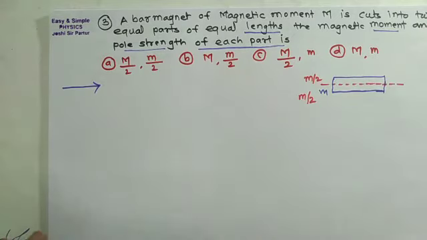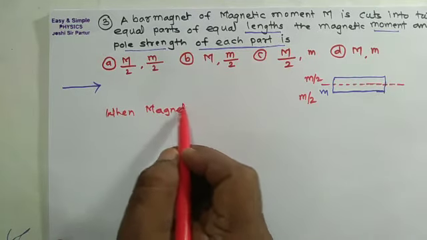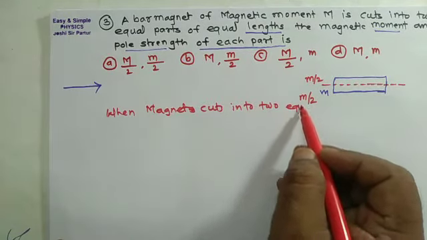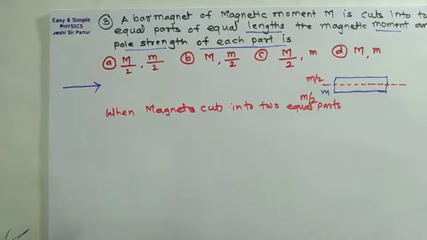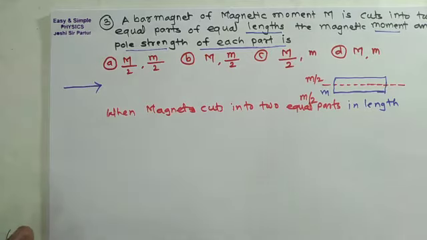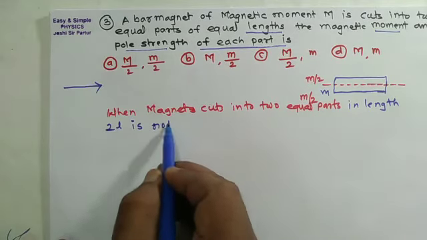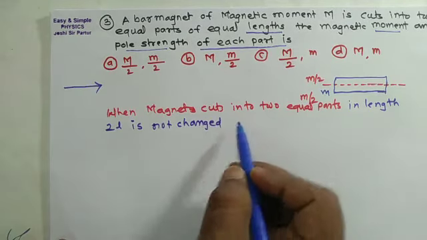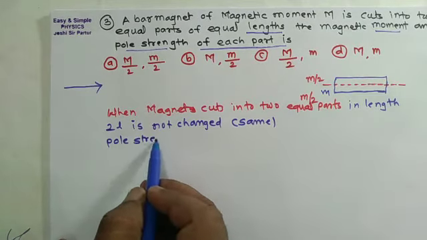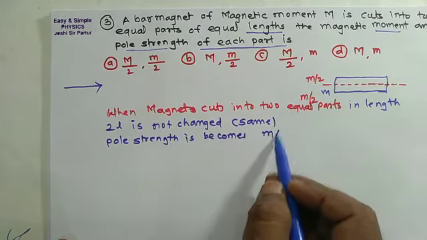So when the magnet is cut into two equal parts in length, the magnetic length 2L is not changed. 2L will be the same, but pole strength becomes m upon 2.